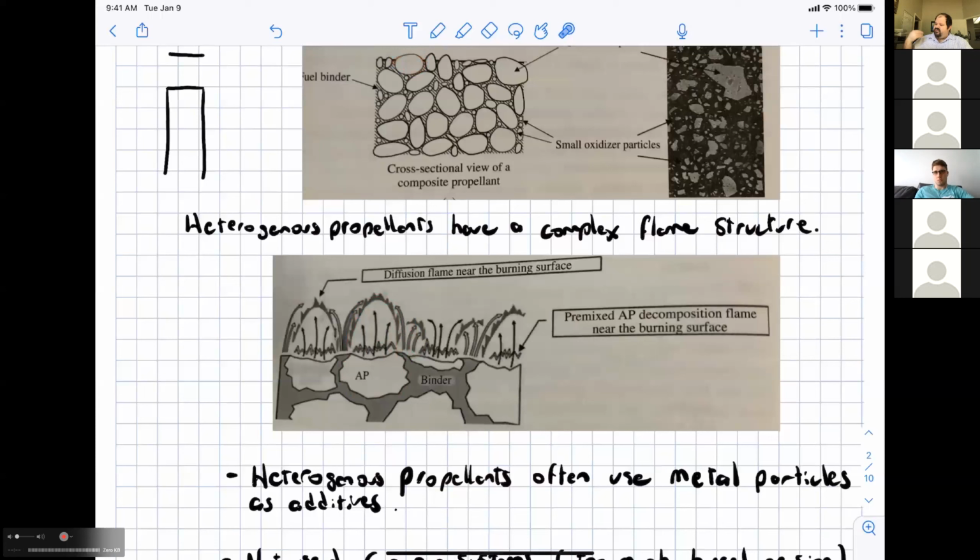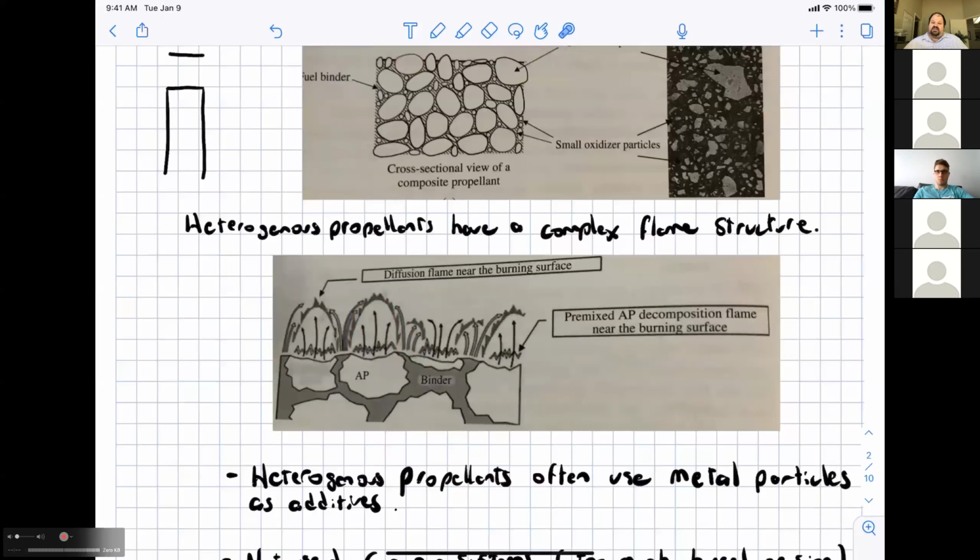If you use large ammonium perchlorate particles, you'll get a different burning rate than if you use small ammonium perchlorate particles. And if you use a mixture of different sizes, a size distribution of particles, you get different effects. And these are not well understood.